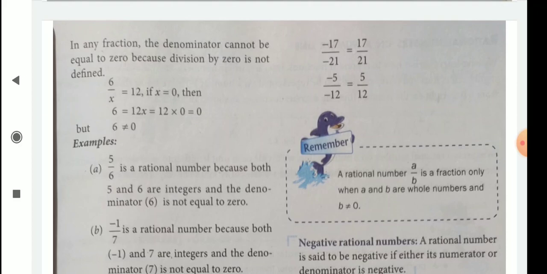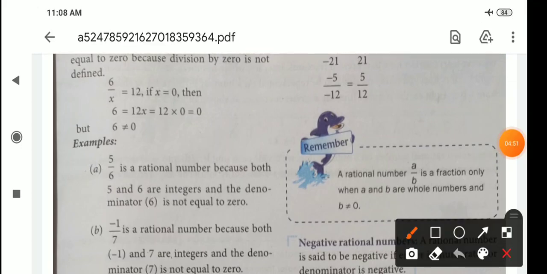For example, if 6 by x equals 12, where x is 0, then if we solve it, 12x equals 6, then x equals how much? 12 multiplied by 0 equals 0, because here x equals 0 is given. So it is not defined.